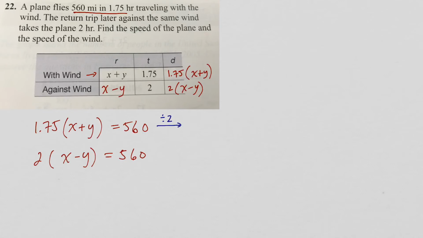Okay, instead of distributing, I'm going to take this equation and divide by 2. Oh, excuse me, not by 2, but by 1.75. So I'll get x plus y. I'll do that in red. X plus y is equal to 560 divided by 1.75, and I get 320.